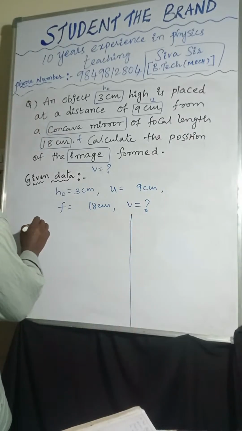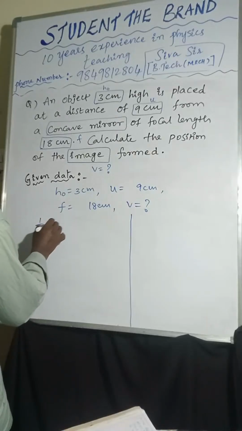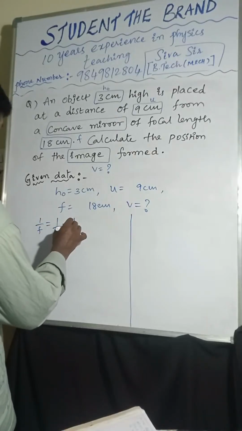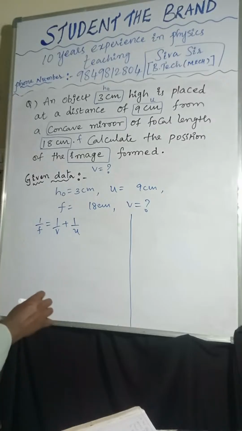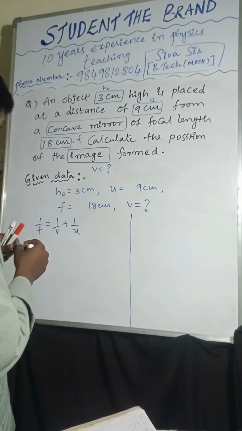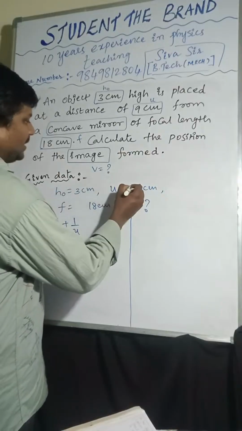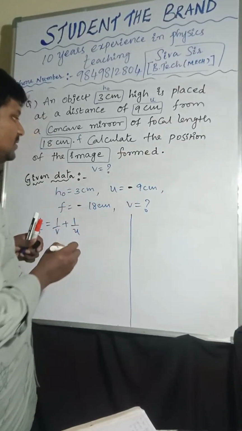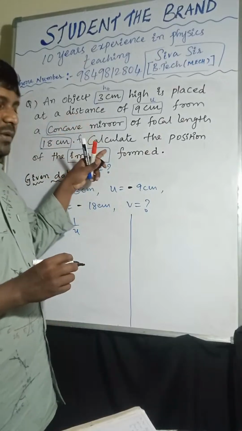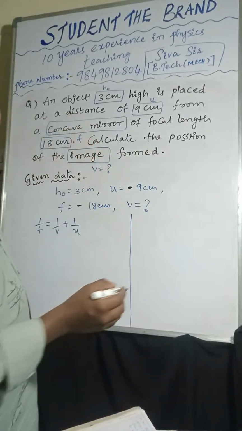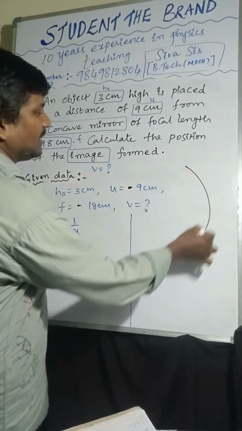Now the formula is 1 by f equal to 1 by v plus 1 by u. Object distance is always negative. I am considering focal length also negative because it is a concave mirror. If it is a concave mirror, you compulsorily have to take the negative sign.